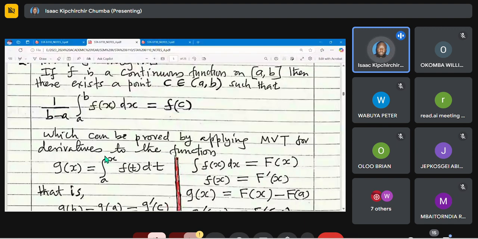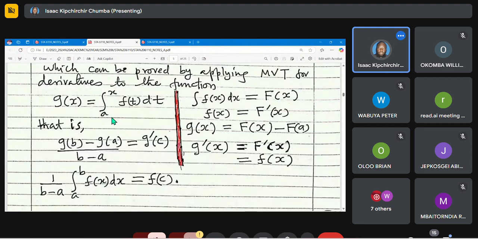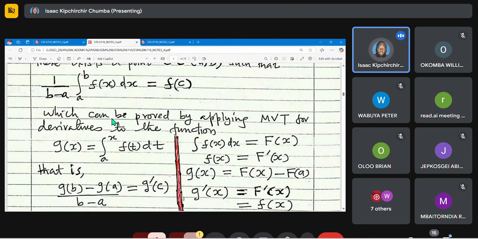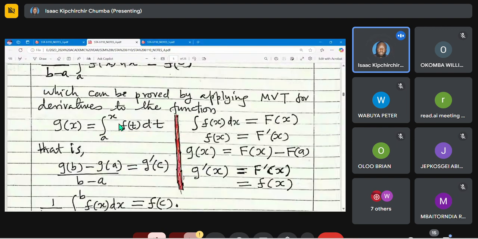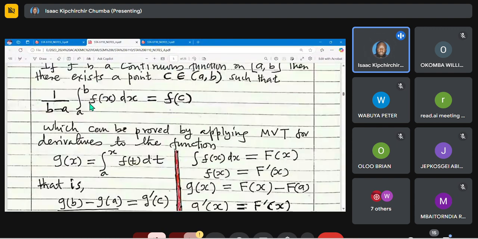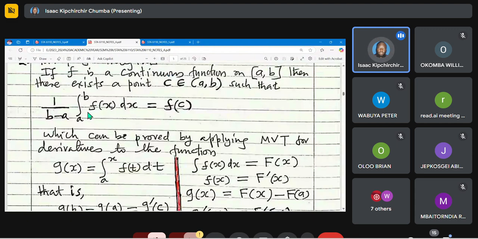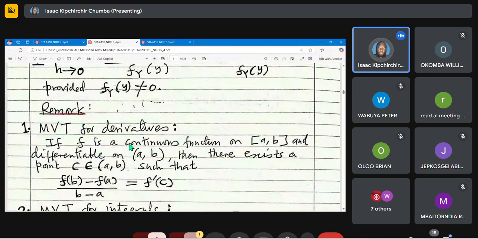Now I've indicated here that the mean value theorem for integrals can actually be proved using the mean value theorem for derivatives, which I have in the remark. It can be proved by applying the mean value theorem for derivatives to this function, and I have provided a proof here in the remark. You can have a look at it.